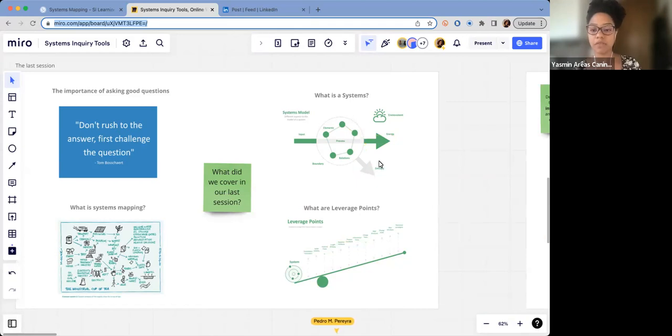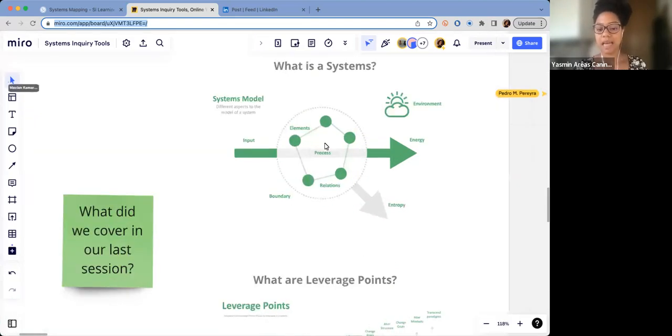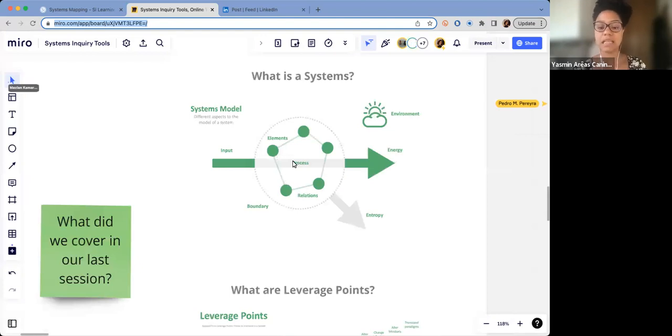The second part of the session, we talked about what a system is, and then we shared with you this template, this graphic here, showing some of the main aspects of a system, right? So we have the elements, and the idea that all these elements are interconnected and form a function. And if the function is a good, synergistic one, then we have some type of energy.